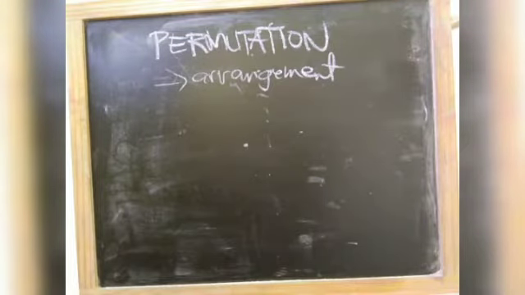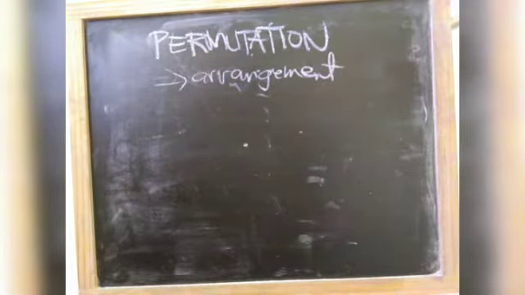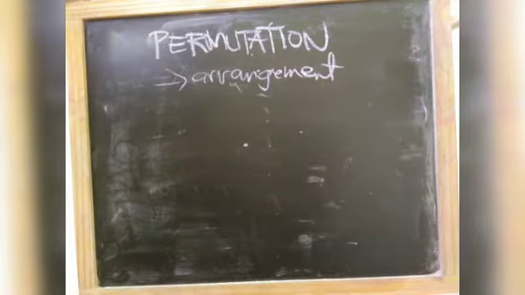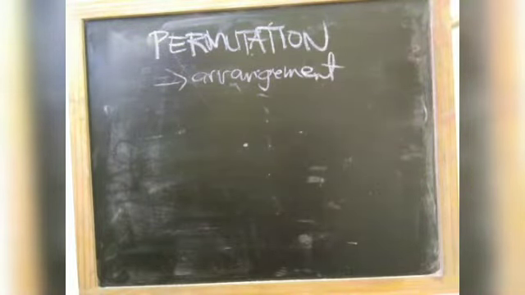For example, meron kang occasion, sabihin na natin wedding, and out of 100 guests, kukuha ka ng 10 doon na gagawin mong ninong at ninang. Isusulat mo siya doon sa invitation mo in such way na pwedeng alphabetical. Bahala ka na kung anong arrangement yung paano mo isusulat siya pababa. So, paano mo siya i-arrange? Yun yung permutation na tinatawag.